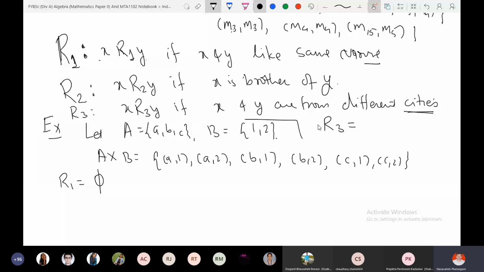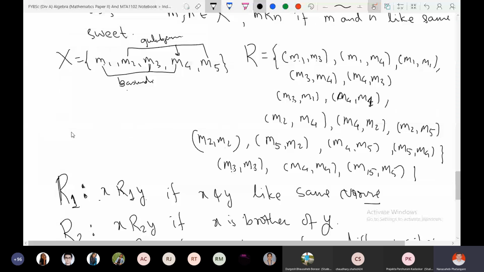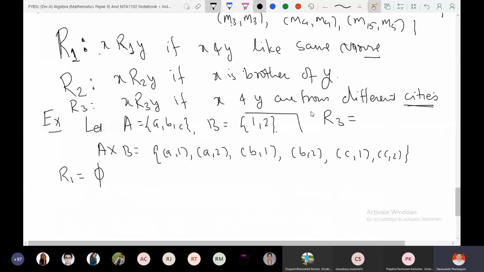In fact, can we say that member M1 and member M1, with respect to R3, are related? Can the same member M1 and M1 be from different cities? No, sir. Very good. Therefore, what is my set in this case?